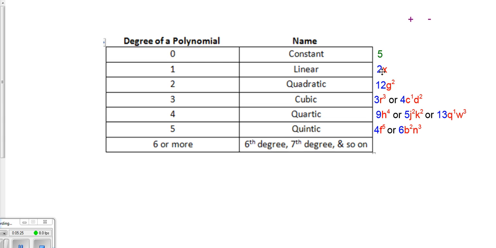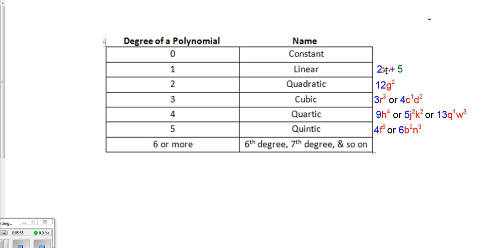If the term just has a variable with kind of a hidden to the first power, so nobody mentioned that there's a power here, so it's kind of assumed it's to the first power. It's just x by itself, 1x there. That would mean that the degree is 1, and then it's a linear term. So if we were to call it one whole polynomial, so if this were our polynomial, we had 2x plus 5.